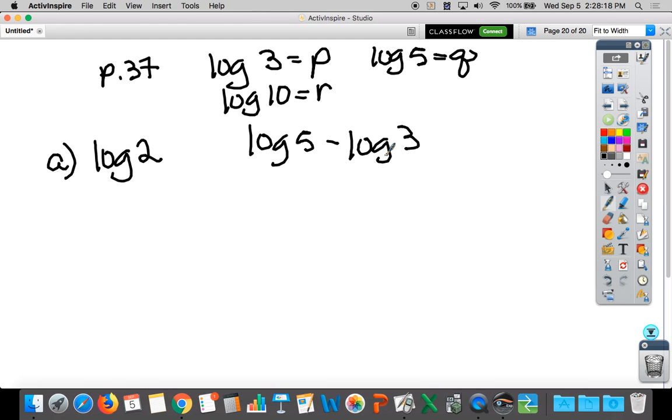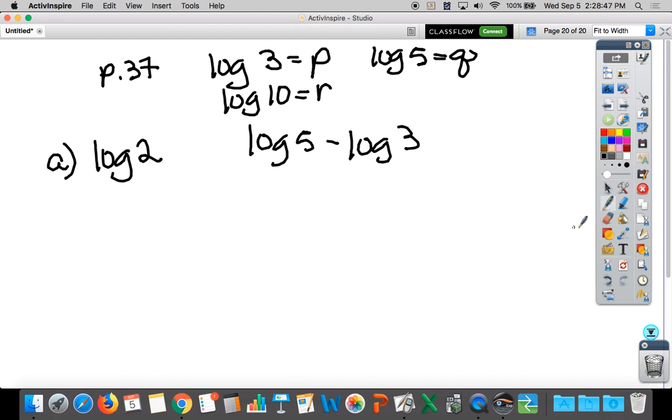Log 3 minus log 2, log 5. Does it always have to be multiplication or division? Yes. They're not equivalent. So some people were saying, oh, that'll give me the log 2. That's not how you approach this because we've got to expand it.